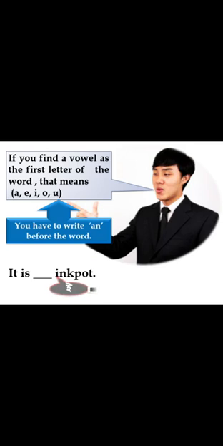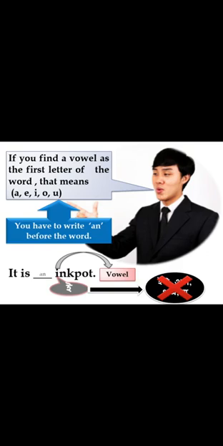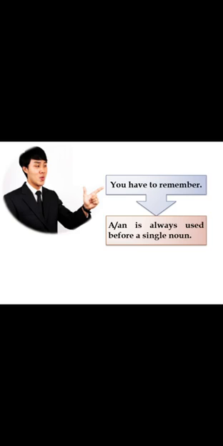It's an ink pot. So the answer will be N because the vowel doesn't sound like U, wa. You have to remember too that A or N is always used before a single noun.